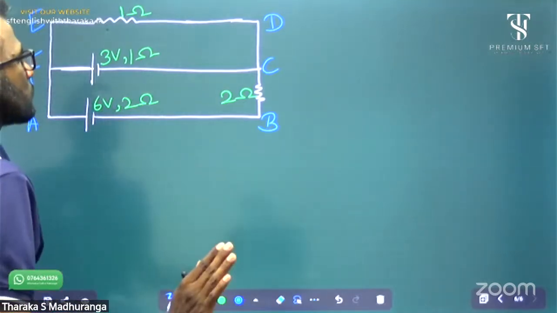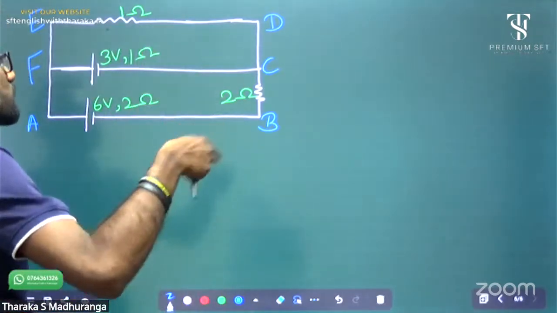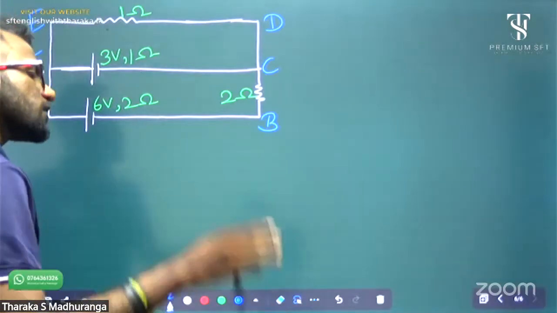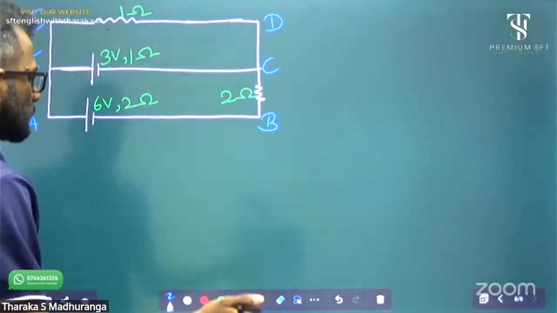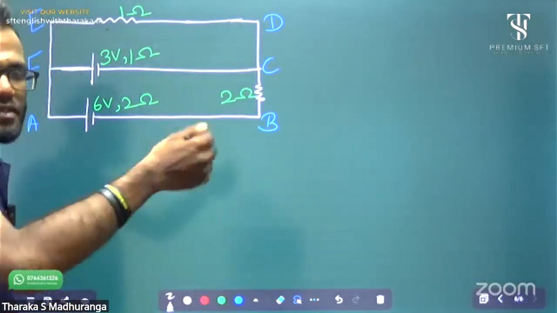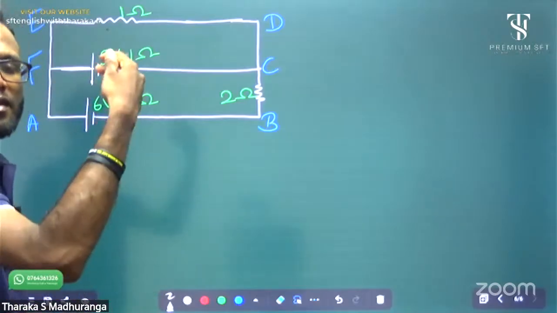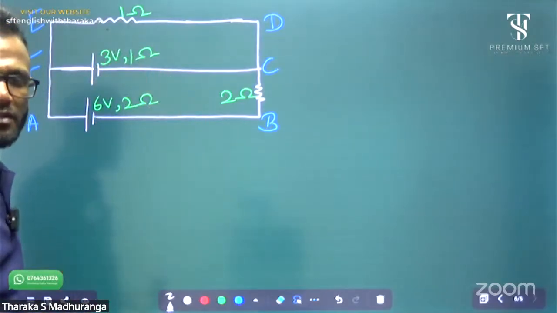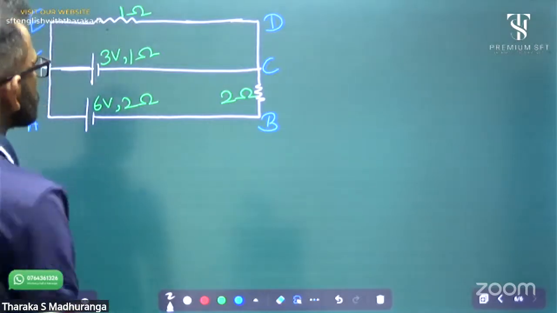Everything is up to you. If you use any order or any current direction, the answer is the same. You can try the same question again with other directions, and the same answer will come.